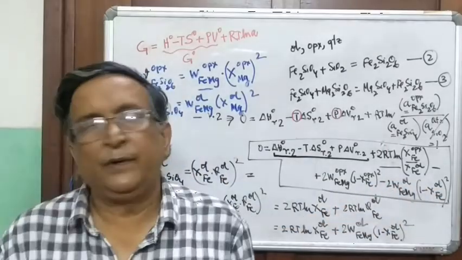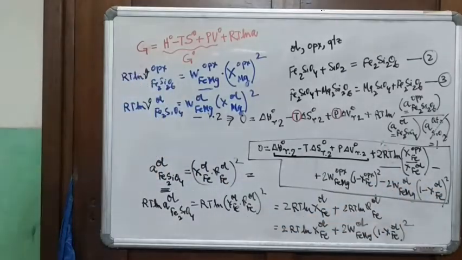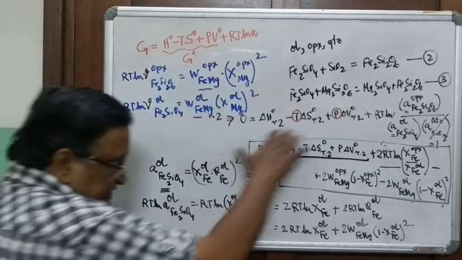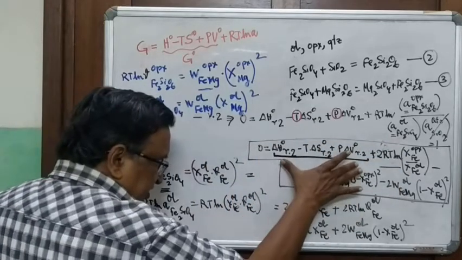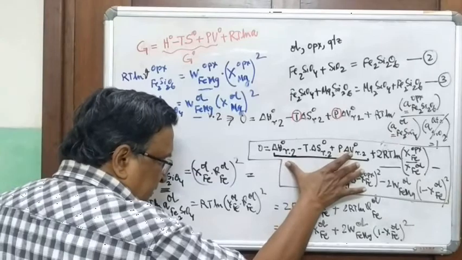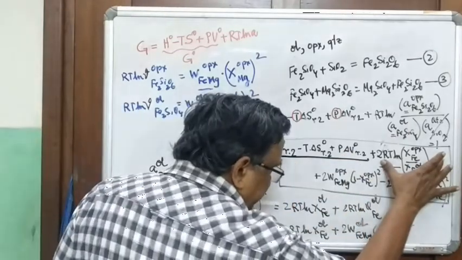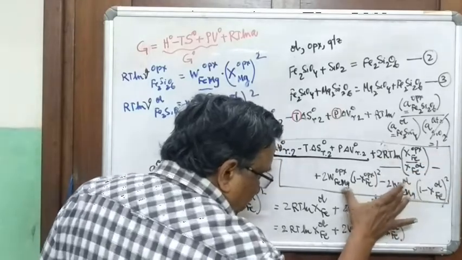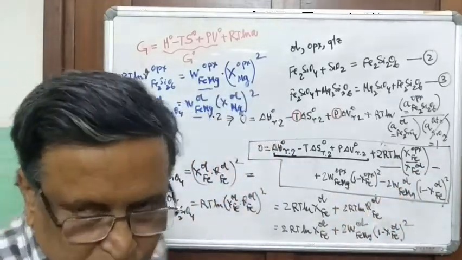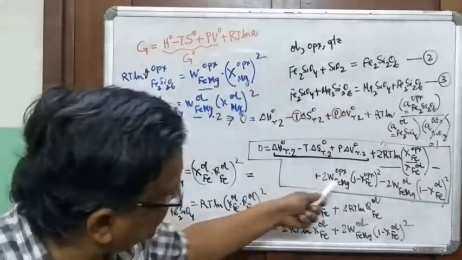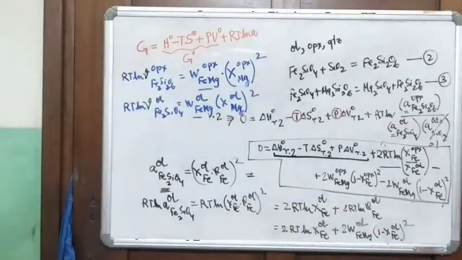So this is how it goes. For this reaction, this is the pure phase component contribution to energy. This is the ideal mixing contribution to energy. And this is the non-ideal or excess mixing contribution to the energy. So that is all you have in this system.